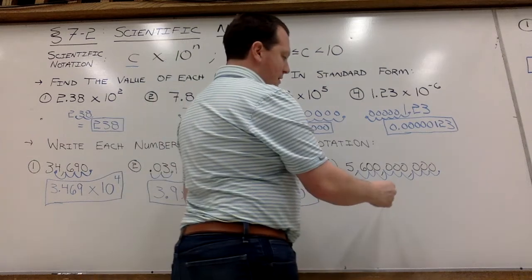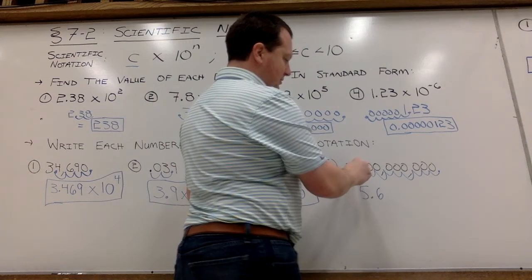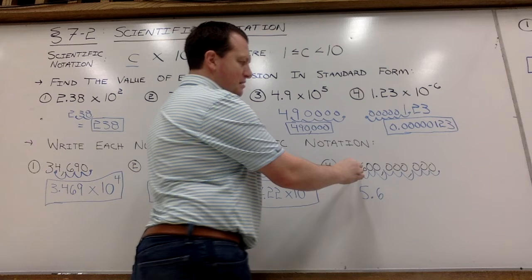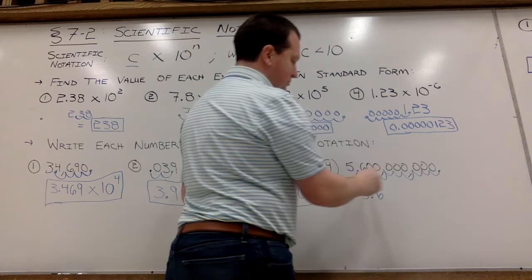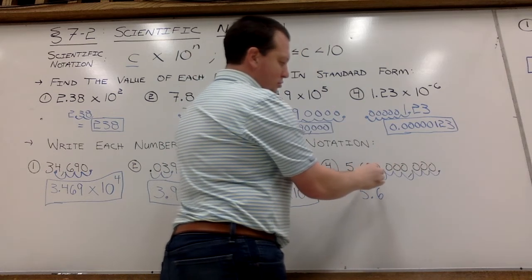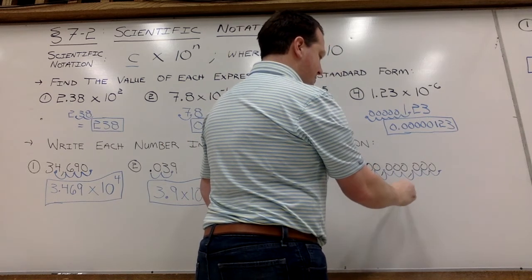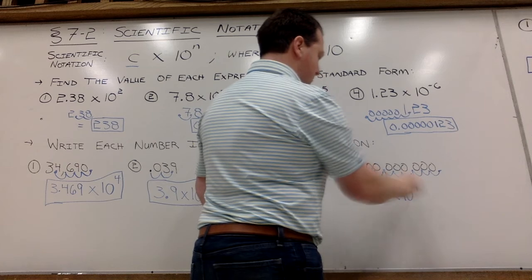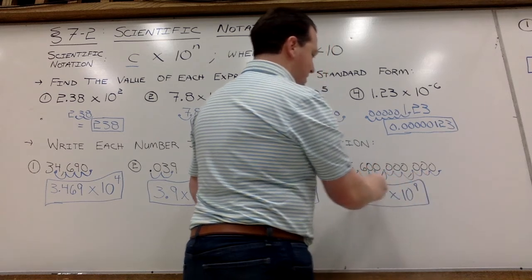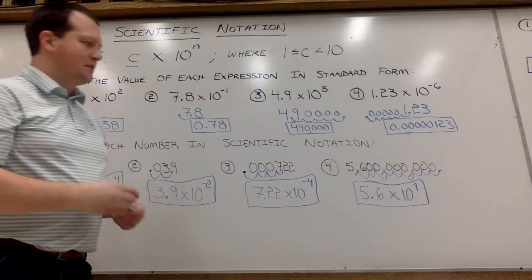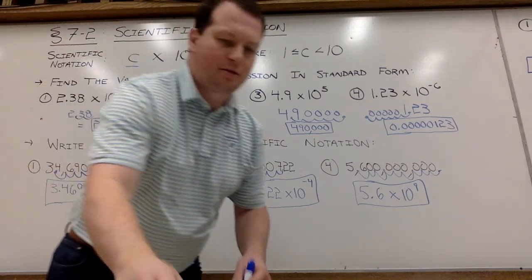So I said, to get from my scientific notation ending point back to my original location, I would have to move 1, 2, 3, 4, 5, 6, 7, 8, 9 units to the right. So my final notation would be 5.6 times 10 to the 9th.